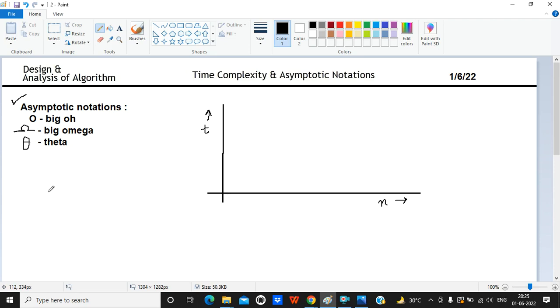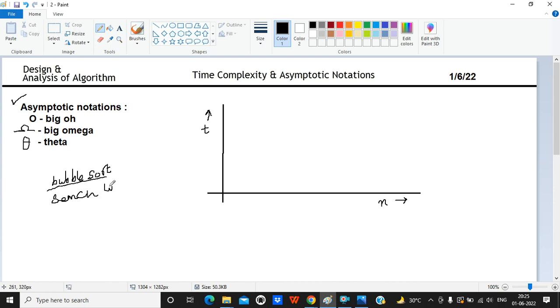Say for example, take bubble sort. You remember that name, bubble sort? Or you may say binary search, or linear search, you say linear search for simplicity.